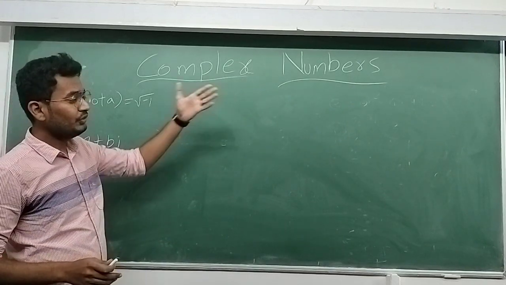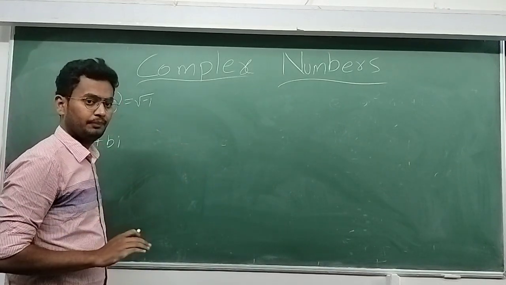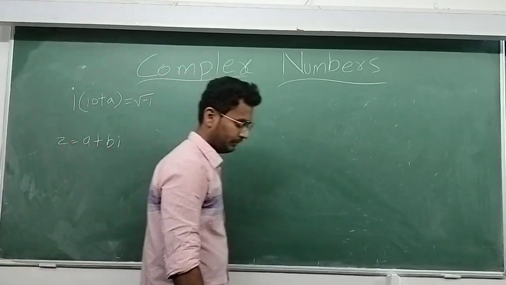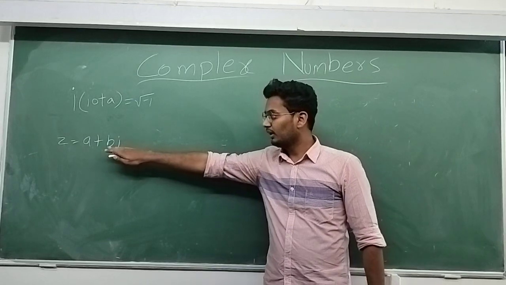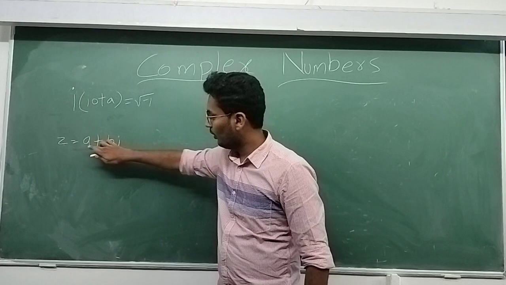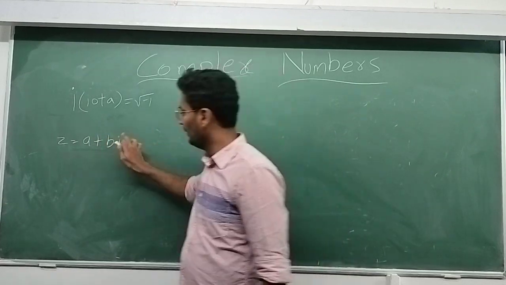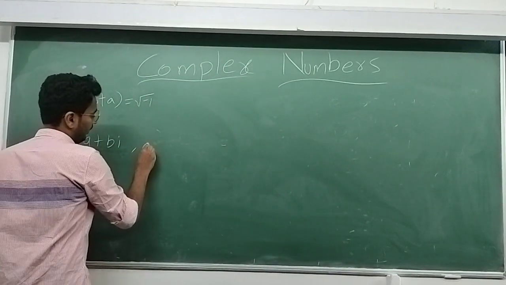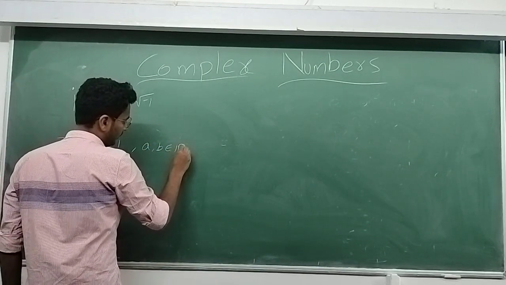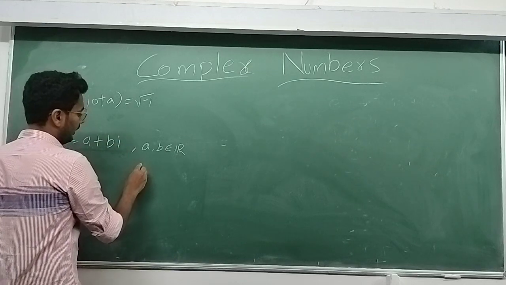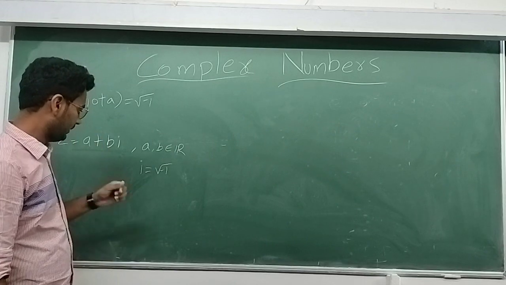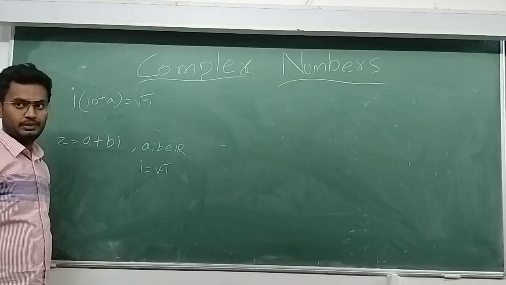Any complex number is usually denoted by z, right? Here, a comma b belongs to real numbers, and this iota is nothing but root of minus 1.